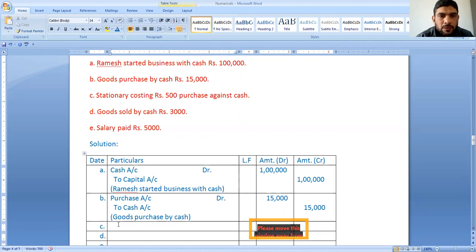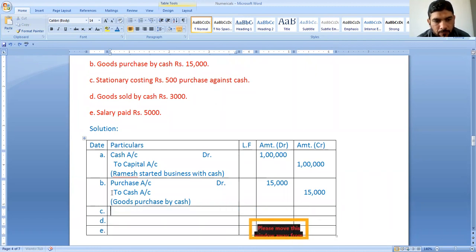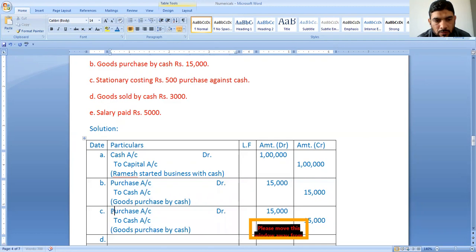Next transaction is stationery costing rupees 500 purchased against cash. That means cash again has been invested in the form of stationery. So stationery will be debited as it is an asset for the business.